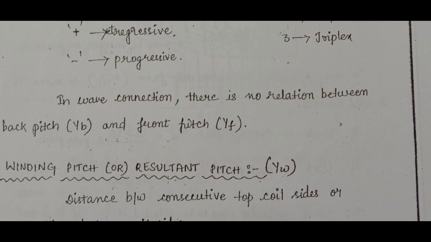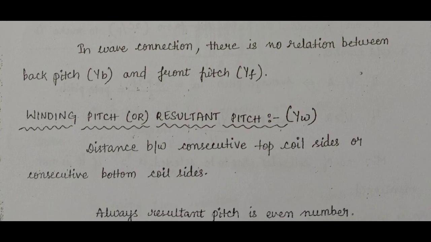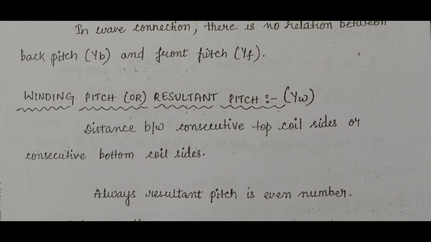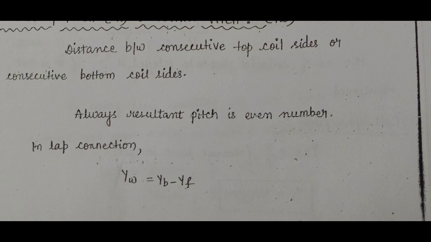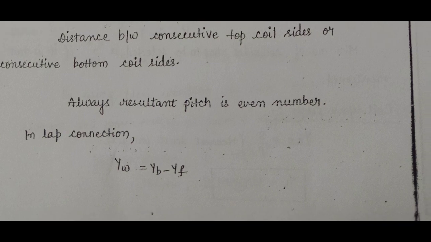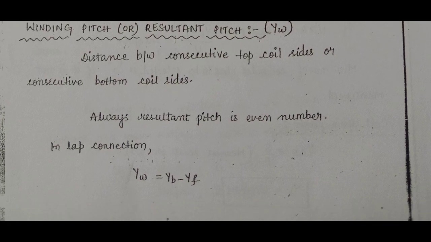Winding pitch or resultant pitch YW. Winding pitch is the distance between consecutive top coil sides or consecutive bottom coil sides. Always the resultant pitch is an even number in a lap connection.